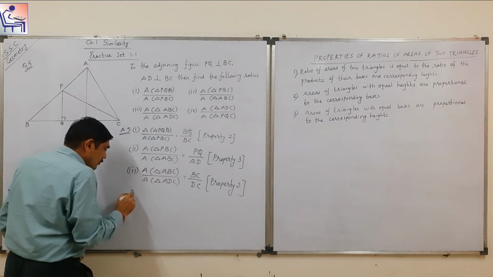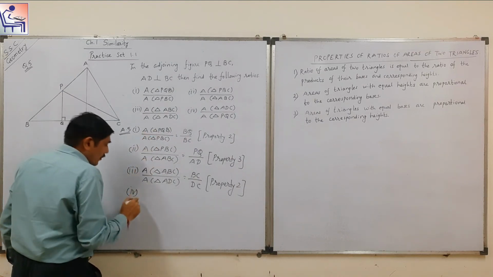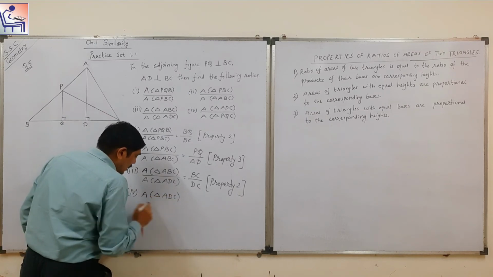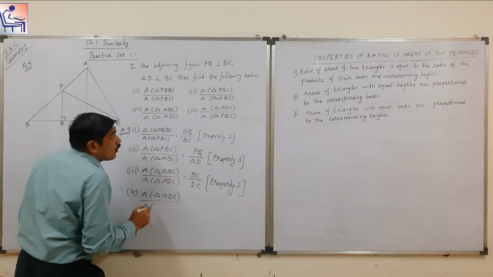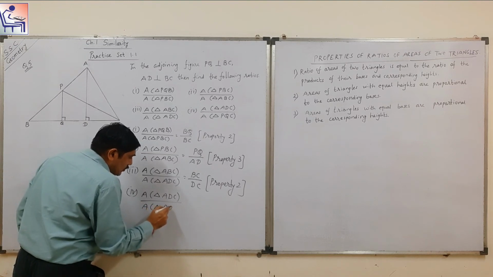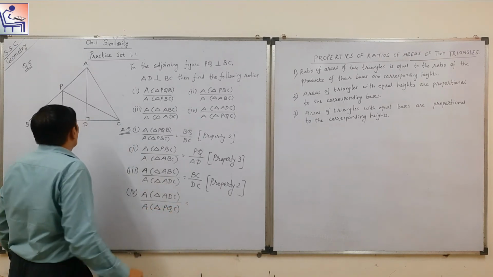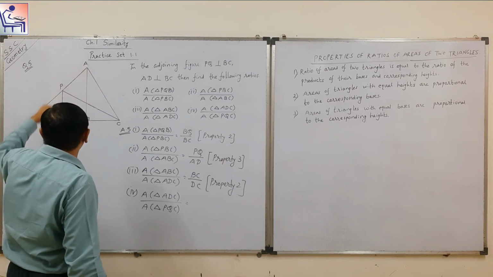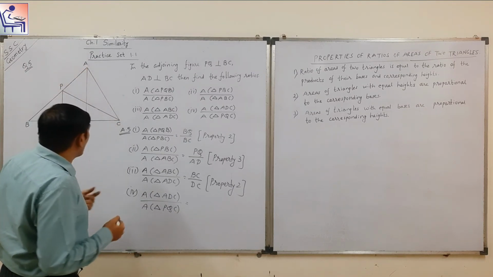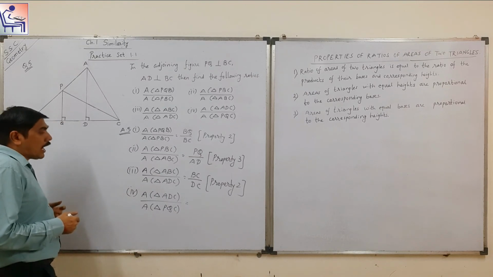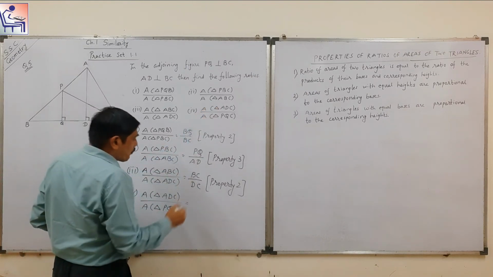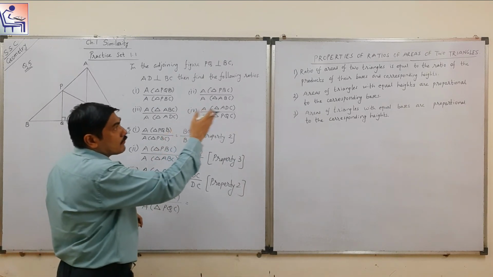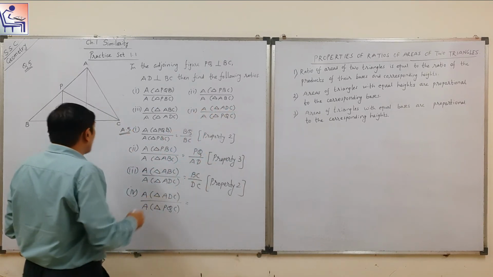Now, fourth one, area of triangle ADC upon area of triangle PQC. Now, please check area of triangle ADC and area of triangle PQC. Both of them have a different base and different heights. So we will use the first property that ratio of areas of two triangles is equal to the ratio of the products of their bases and corresponding heights.